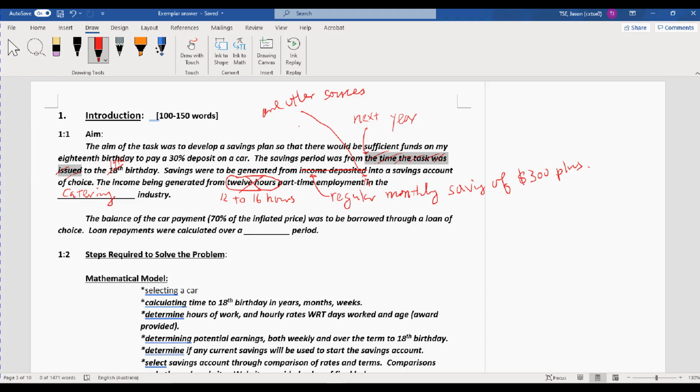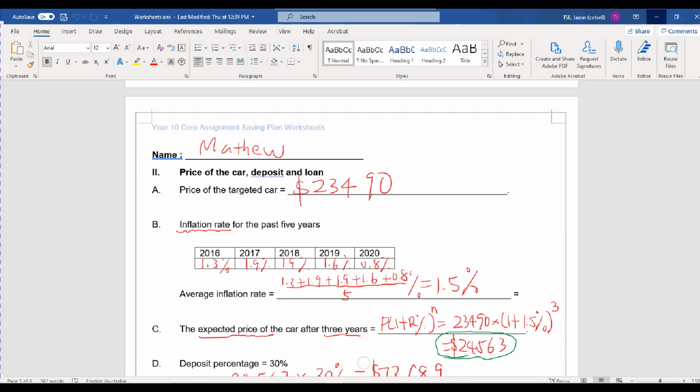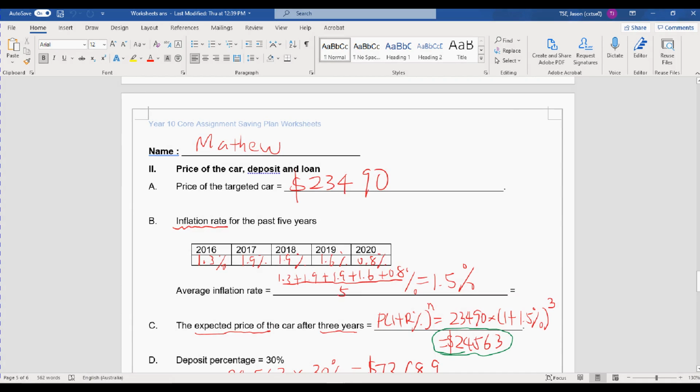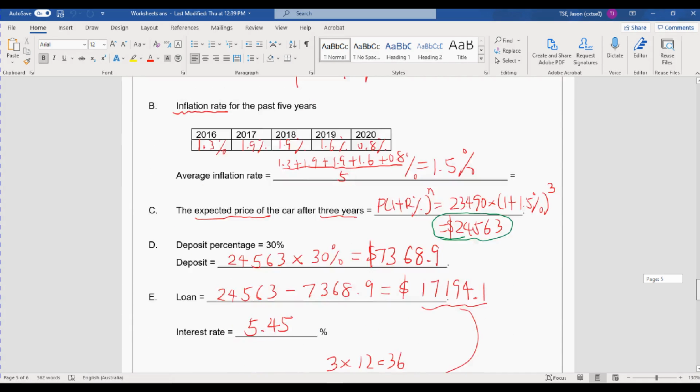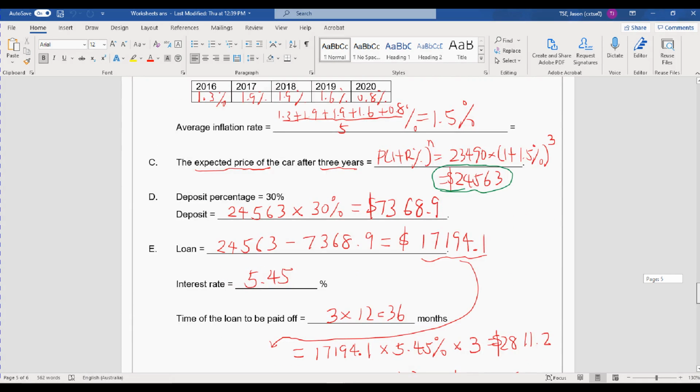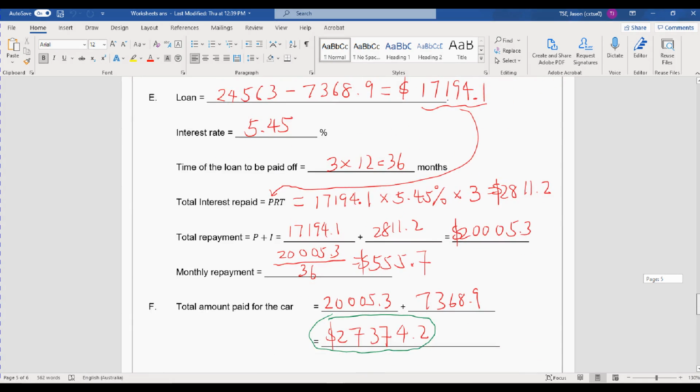Okay, the balance of the car payment, 70% of the inflated price was to be borrowed through a loan of choice. Loan payments were calculated over what period? So let's go back to the worksheet for the loan. How many years do we need to repay?